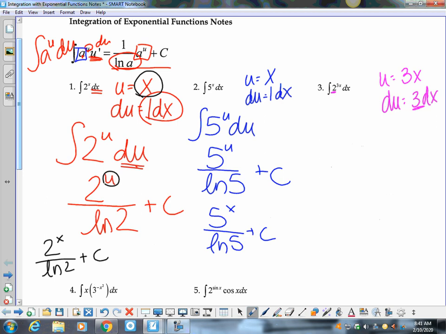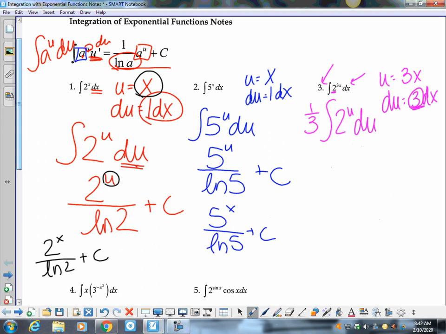I do need a 3, which I don't have, like a regular 3, not a power 3. So I'm going to balance it with a 1/3. So 1/3 integral of 2 to the u du. Because remember, we put a 3 in here and we put a 1/3 out here. Everybody okay?